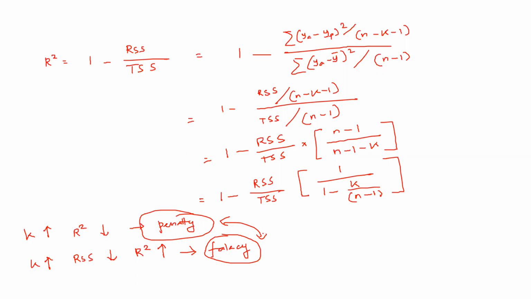Because the moment I include something in the variable list, I will have a penalty. But my benefit will be such, because the benefit will be because of good explanation.